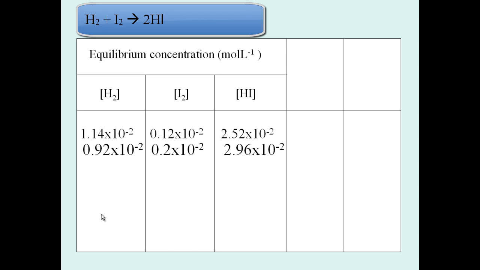We've let it all settle down, and that's what we've got: 0.2 times 10 to the minus 2 moles per litre of hydrogen, 0.2 times 10 to the minus 2 moles per litre of iodine, and 2.96 times 10 to the minus 2 moles per litre of hydrogen iodide.